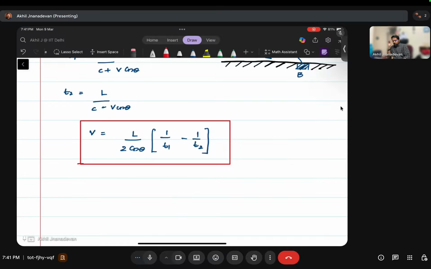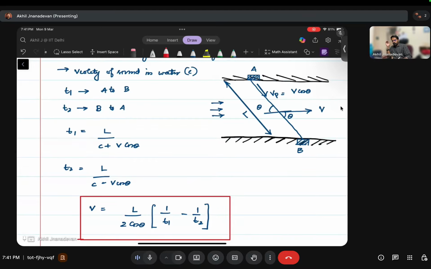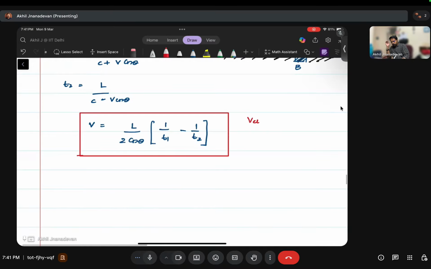Another thing you have to note, to remember, is the velocity measured in the stream at a height h, that is where the transducers are installed.